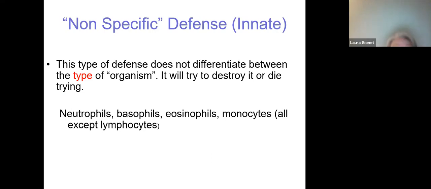So, these are mechanisms like phagocytosis and fever, that are designed to keep working until you either kill that bacteria or virus, you eradicate it, or you just keep elevating your body temperature until you finally denature all your proteins and essentially kill yourself.